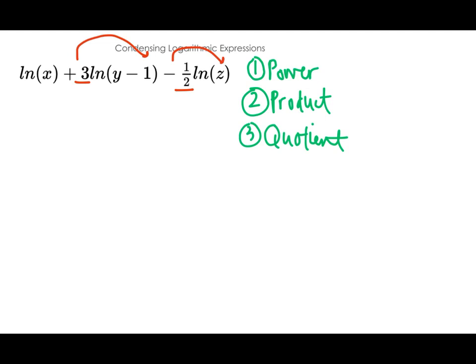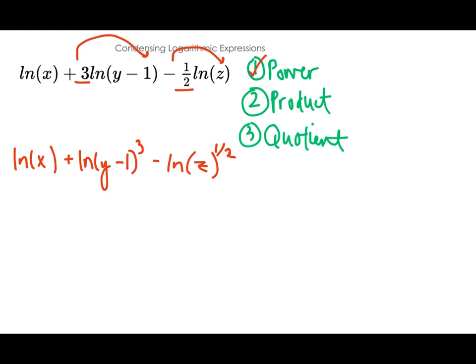So this is going to become natural log of x plus natural log of y minus 1 cubed minus natural log of z to the 1/2. Okay, and remember anything raised to the power of 1/2, that's the same as a square root. Okay, so we have applied the power rule.